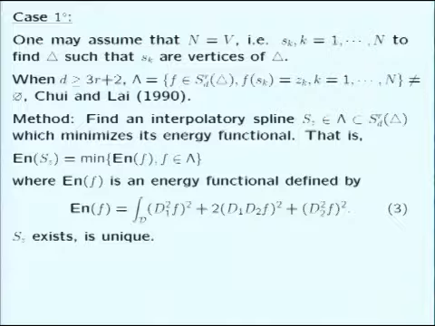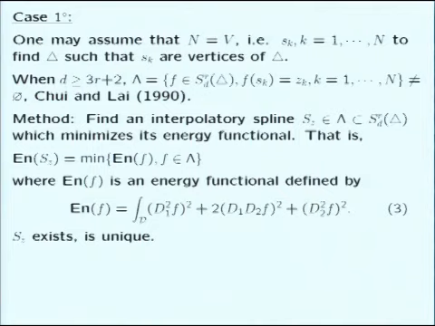Mingjun and his colleague proved that the set of splines that actually interpolate at those observation locations with these data points is not empty. So now the choice is to find the interpolatory spline in this set that minimizes its energy functional. Why? Because it has good properties in terms of approximation afterwards.